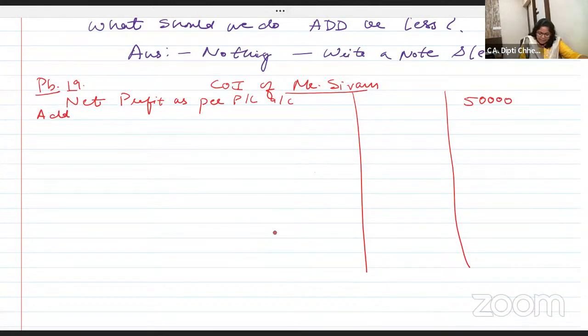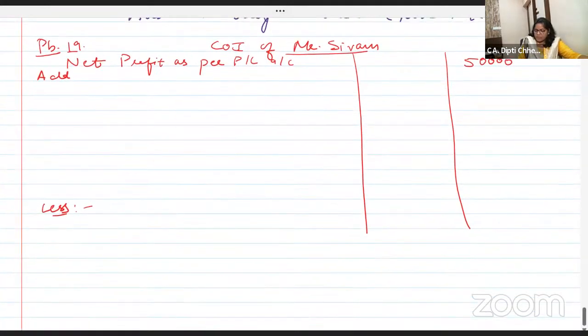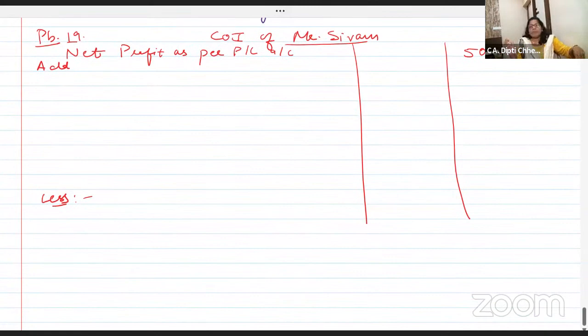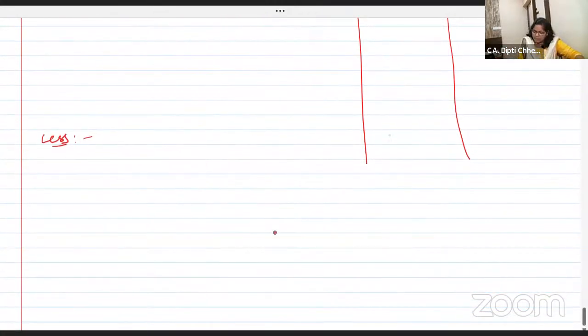Then some add, and after around 8-10 lines what will we start? Less. Chalo. Now read the problem from the credit side and whatever you feel has an impact on the net profit. But ma'am, this is not a business income, take it out. Less. First is sales, do nothing with it. Income from UTI, remove. Income from UTI, they have credited in P&L account, but it is taxable in income from other sources.